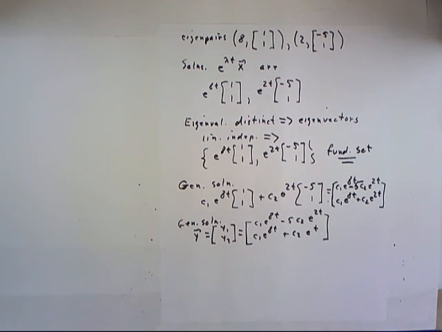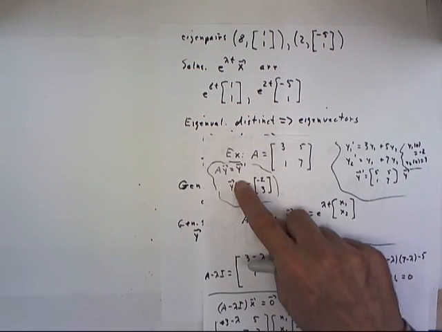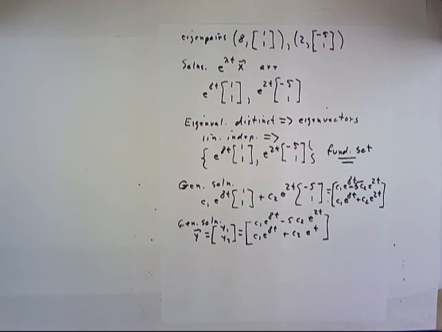Now, our original equation had an initial condition. Y of 0 should equal negative 2, 3.